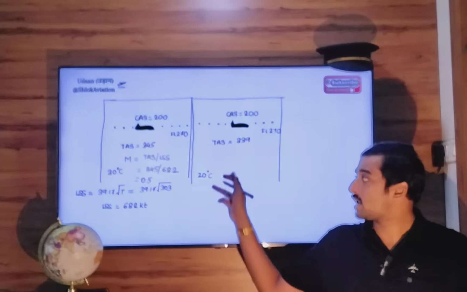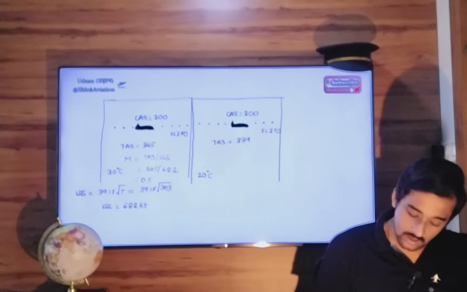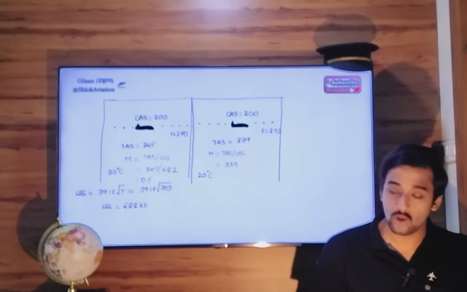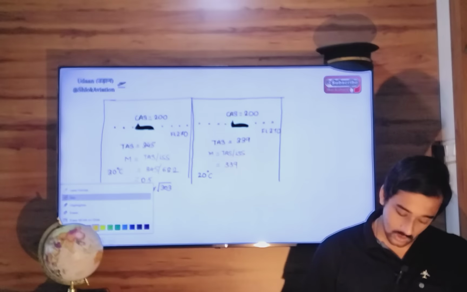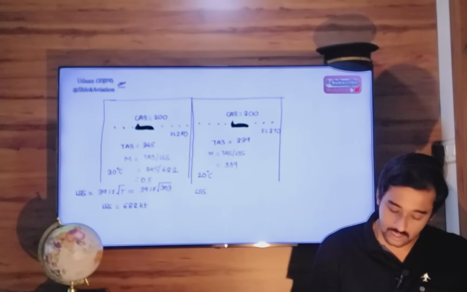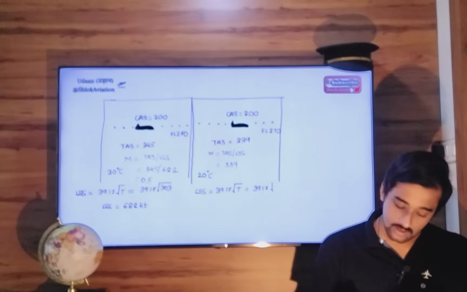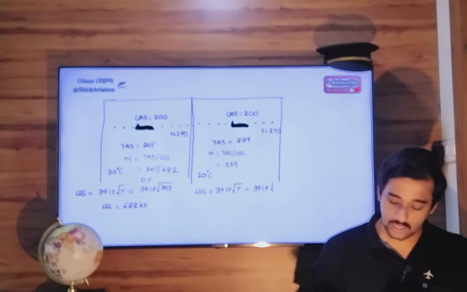Now let's calculate Mach number here. TAS, again same formula, TAS divided by local speed of sound. So 339 divided by local speed of sound. Local speed of sound will be 39.17 square root of temperature in Kelvin again. 20 plus 273, 293.